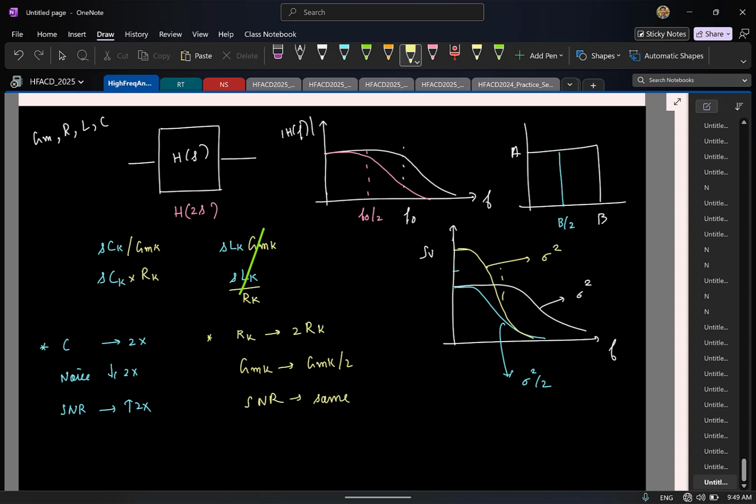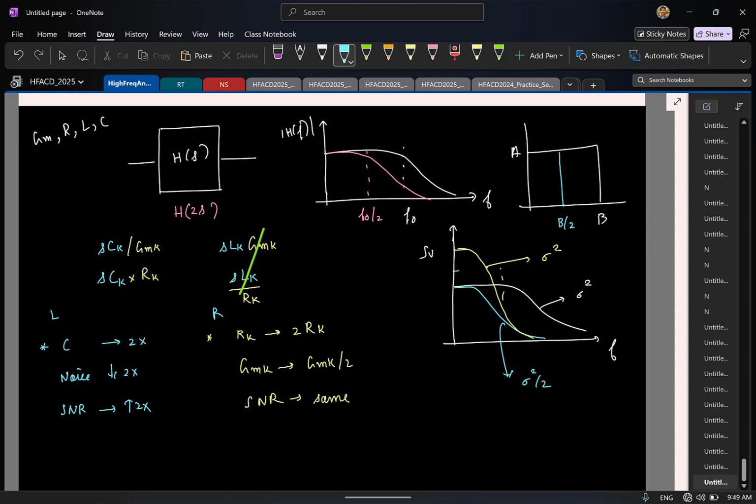So now tell me, doing which is better? Scaling the reactances or scaling the conductances? Okay, again, why do you say scaling reactances is better? Or simply, is the left side better or the right side better?